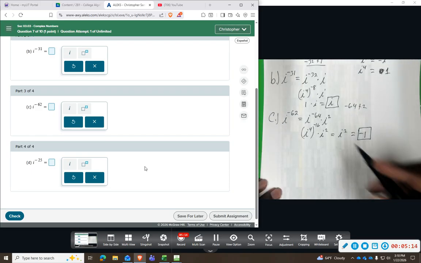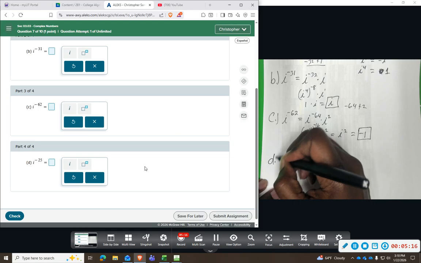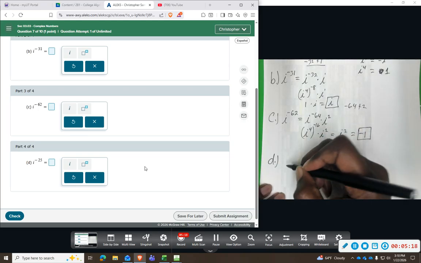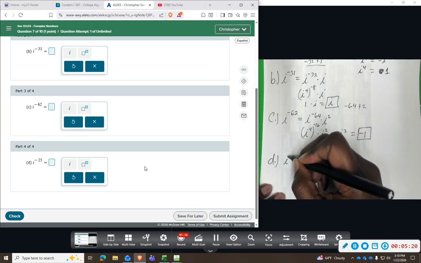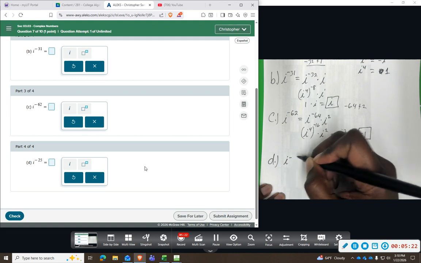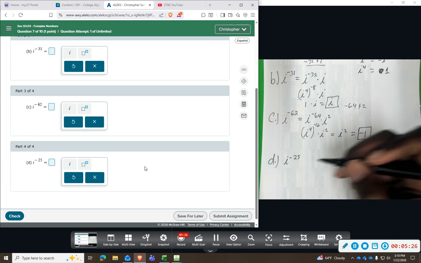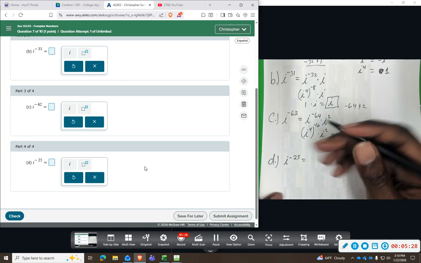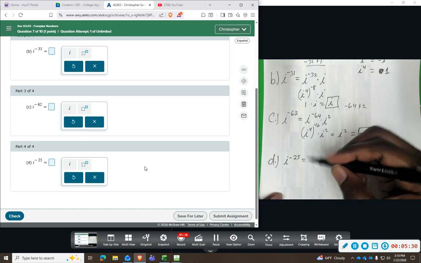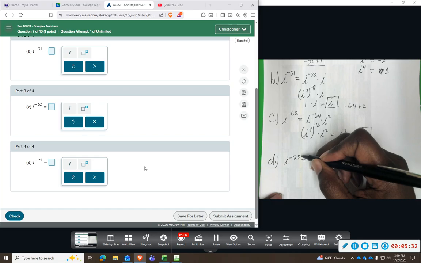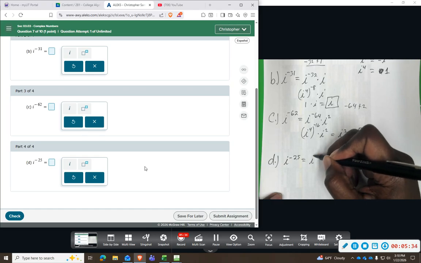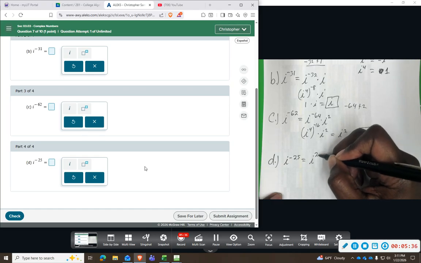And then part D. i to the negative 25th power. Again, just following the same pattern, I'll go up to the next highest multiple of 4, which is 28, so i to the negative 28th power.